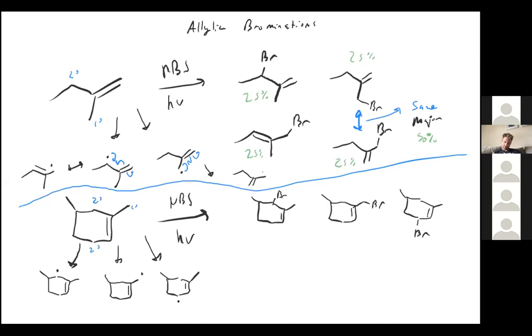Each of them should have one resonance structure. So you can move our electron, form a double bond. This one should be different because of that methyl group on the side. Going to start running low on space though. So this will lead to another product.